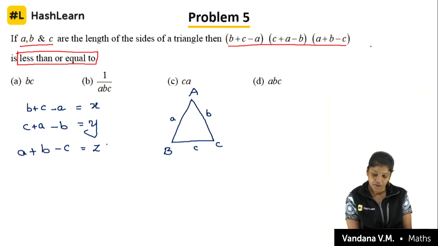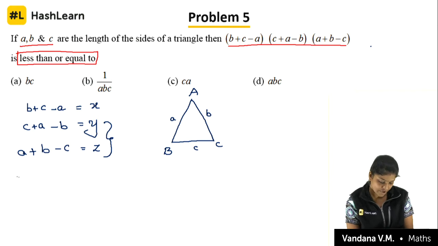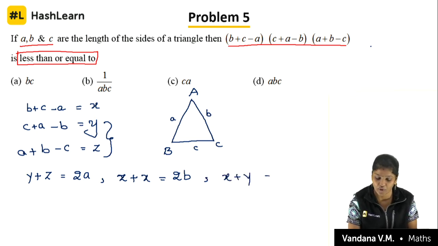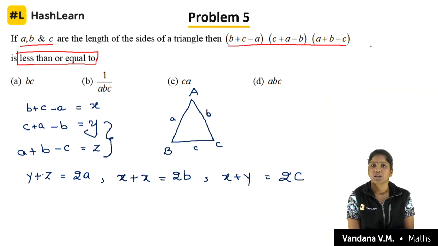Now if you add y plus z, what value will you get? 2a. In the same way, z plus x, if you add, you will get 2b. Add this also, x plus y, you get 2c. This is very important, because less than or equal to is there, these kinds of problems I have to discuss in inequalities.